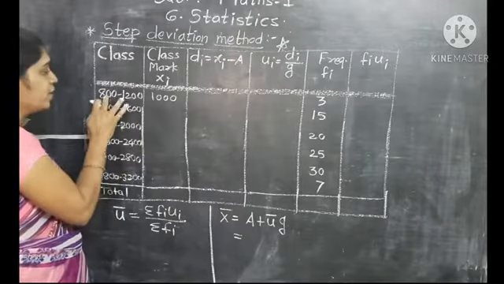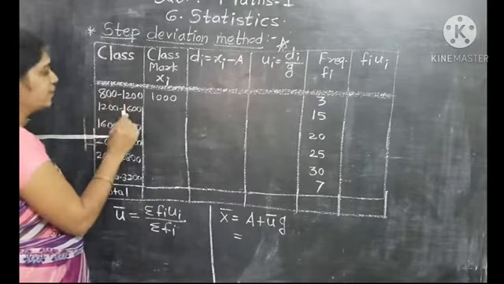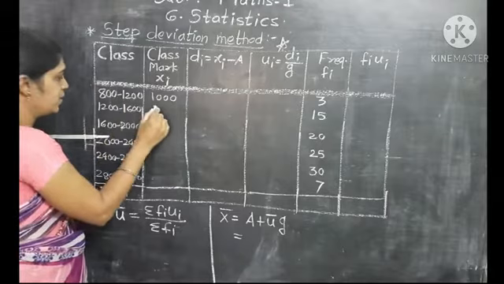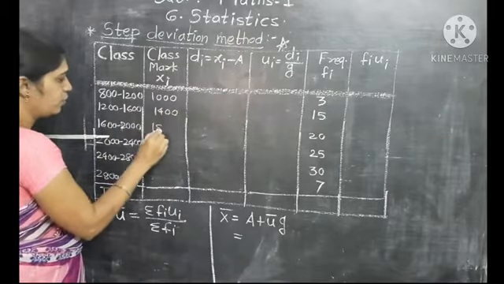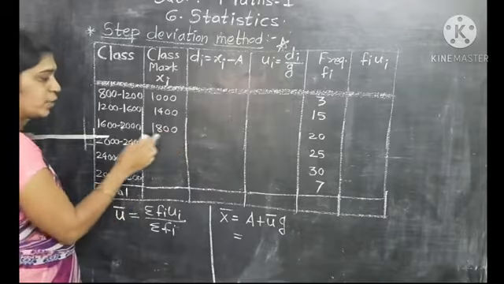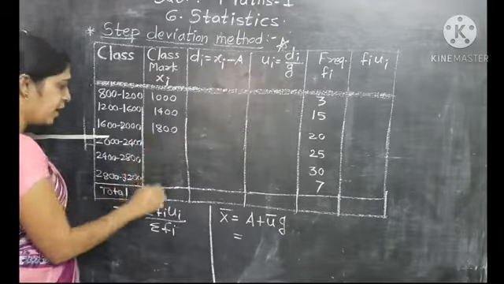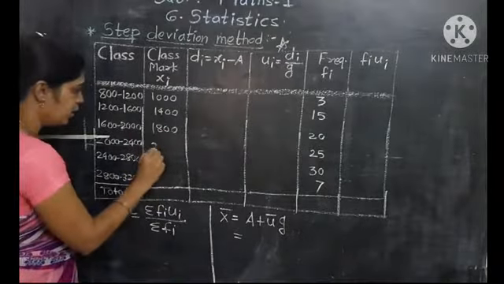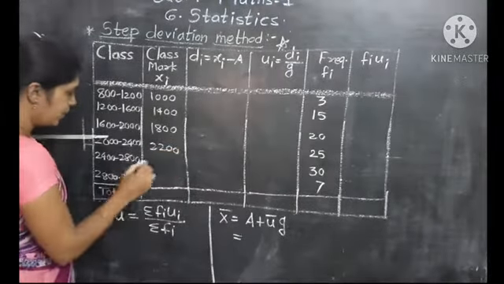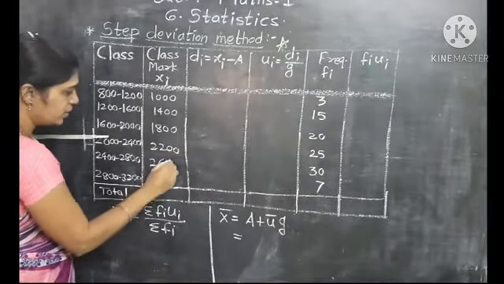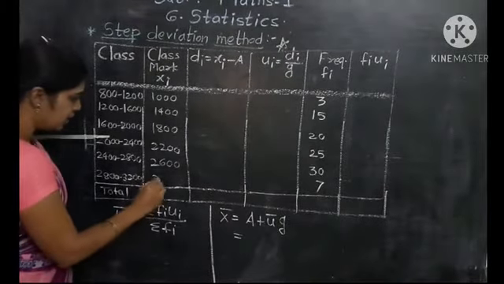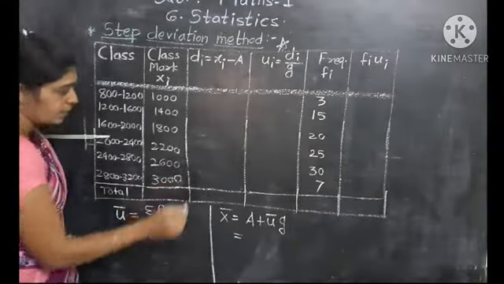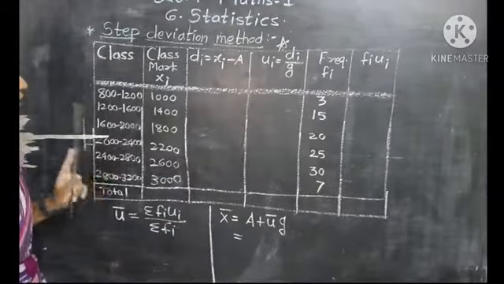Or you may write the middle value. The class mark of the next is 1400, the class mark of 1600 to 2000 is 1800, and write all the class marks. Here 2200, here 2600, and the class mark of the last class is 3000. Okay, write the class marks correctly.